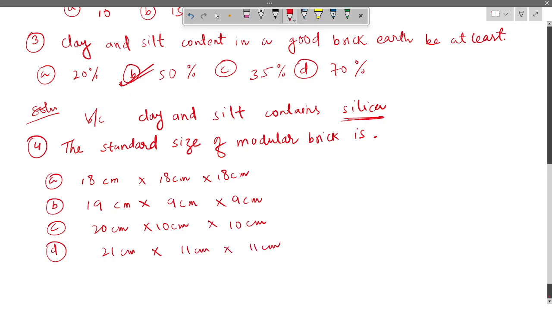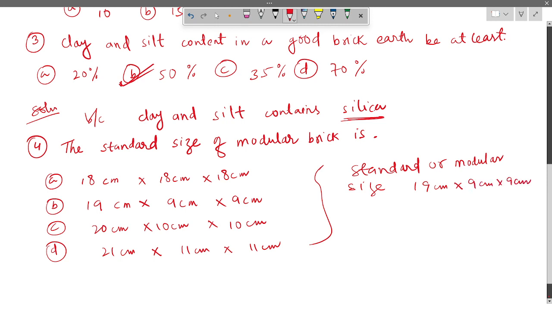So what will be the answer? The standard size is also called modular size. Standard size and modular size are the same. So what will be the answer? It is 19 centimeter into 9 centimeter into 9 centimeter. So the answer will be B.